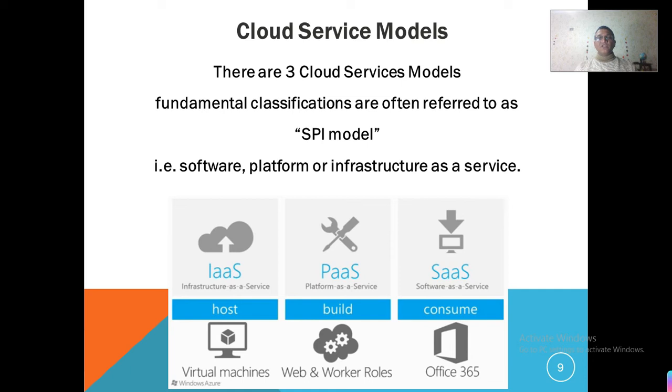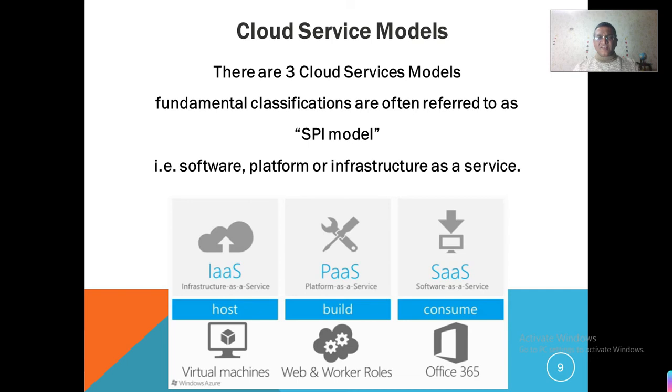You are simply going to use the services which are on the cloud. So this is basically a consumption model. For example, Office 365, Gmail, OneDrive, Netflix. We are simply paying for the services and using them.